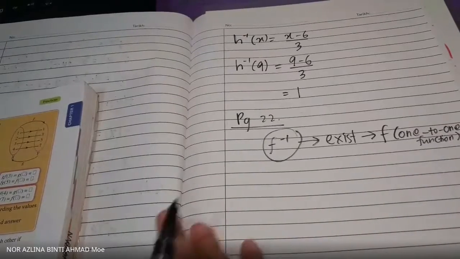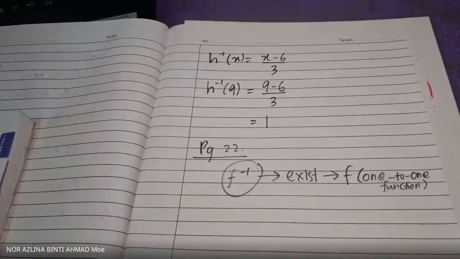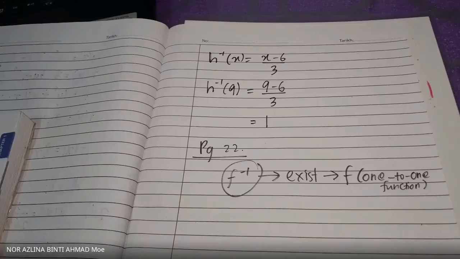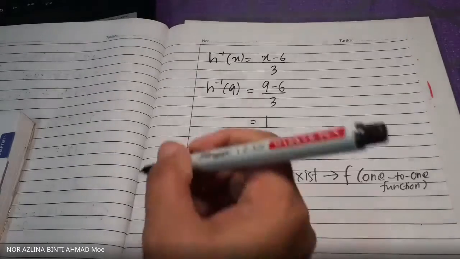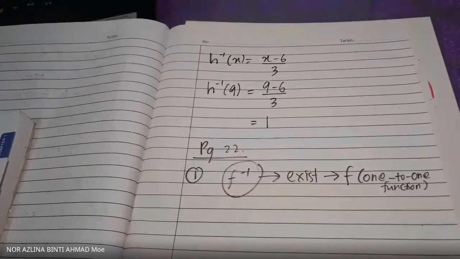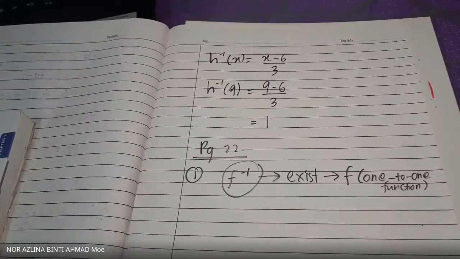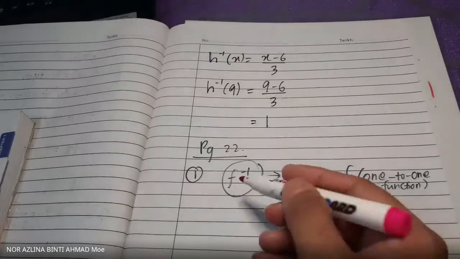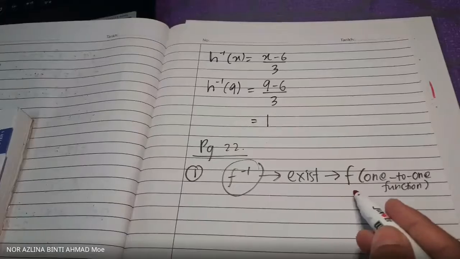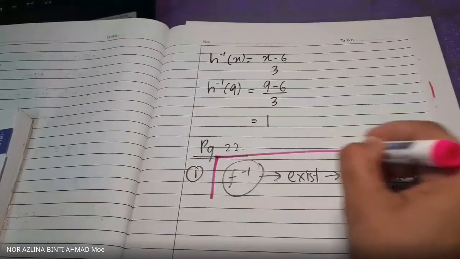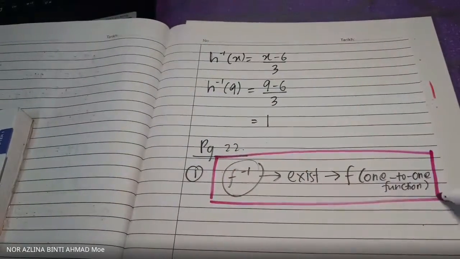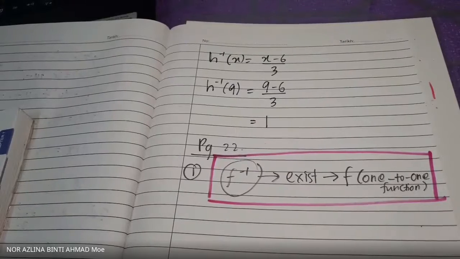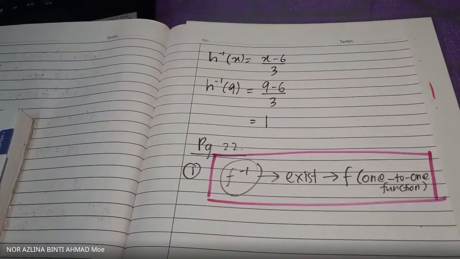Okay. Take note di sini. This is the first one. Inverse of f will exist if the function f is a one-to-one function.